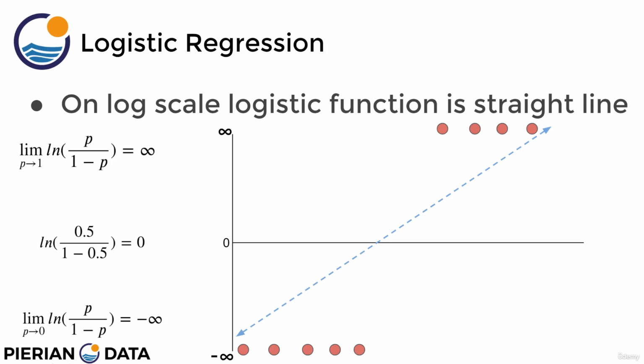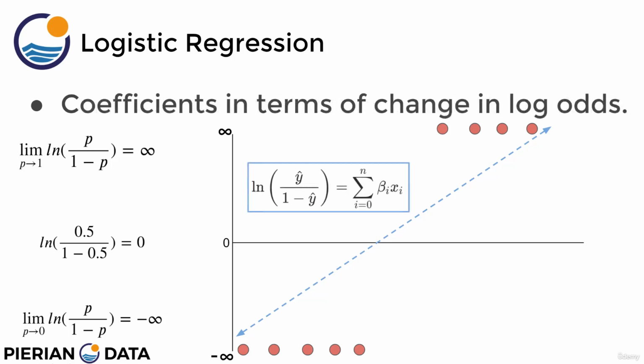So if we convert that logistic curve to a log odds scale, it looks like a straight line. And the coefficients are now in terms of the change in log odds. Essentially, all I'm saying is that if I show this equation as a linear relationship between the beta coefficient and the x feature, then my y-axis has to be in terms of log odds.